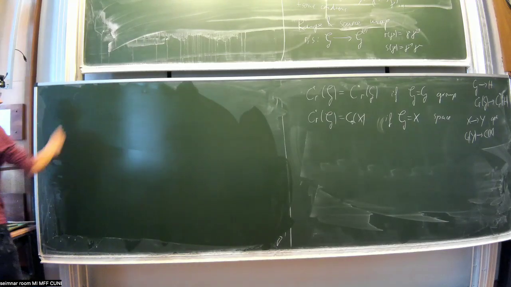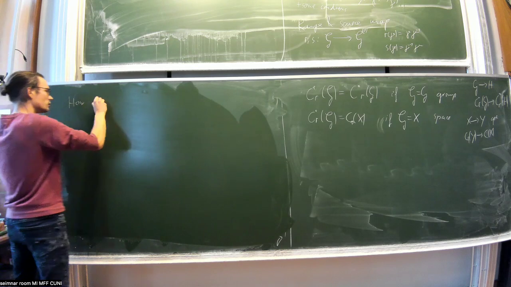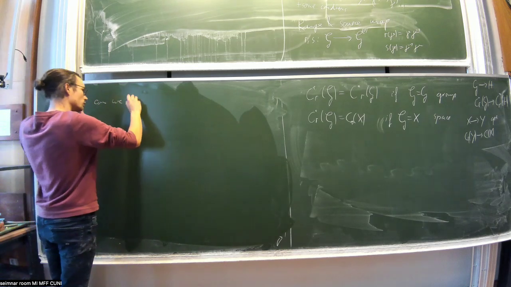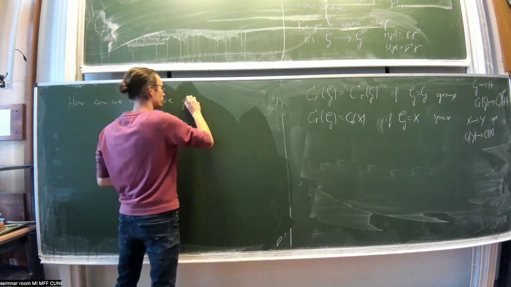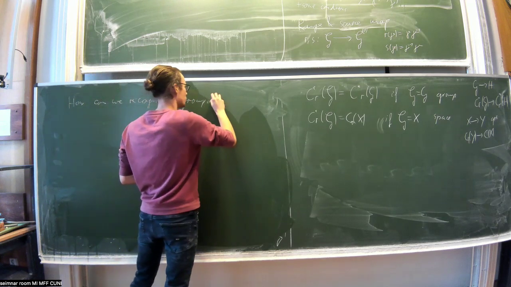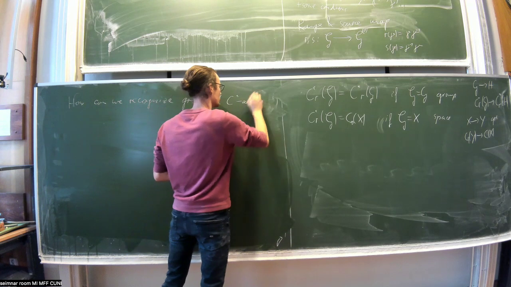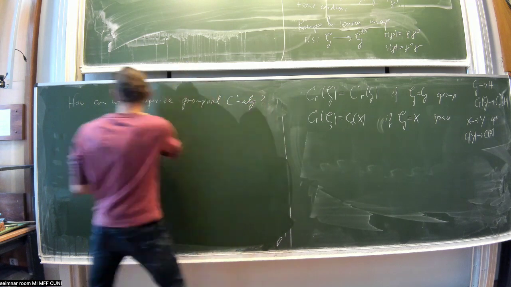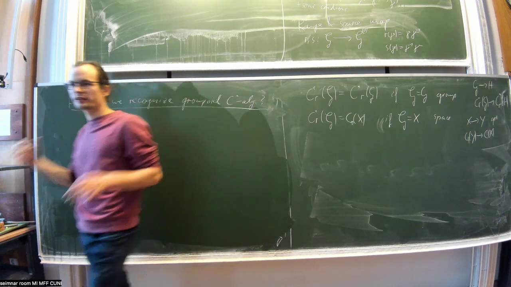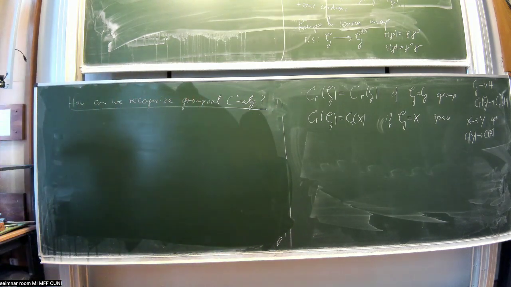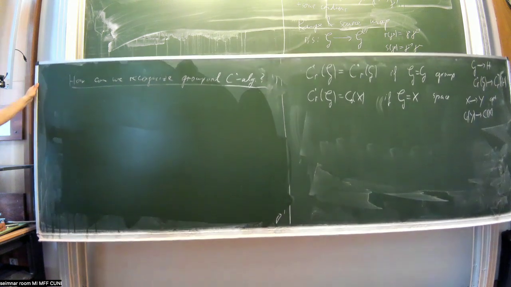So the question is, how can we recognize groupoid C-star algebras? In other words, if I give you a C-star algebra, how can you tell whether there exists a groupoid whose reduced groupoid C-star algebra is isomorphic to the C-star algebra I gave you?